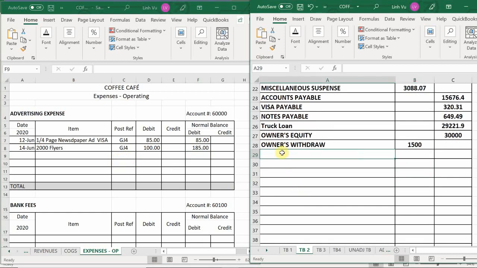Advertising expense. I didn't pay attention to that. I put the cost of goods sold together with the expenses. That's fine. Not a problem.